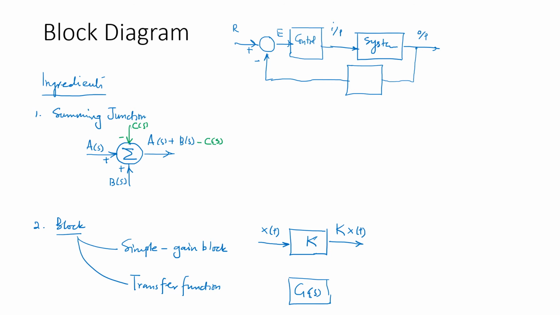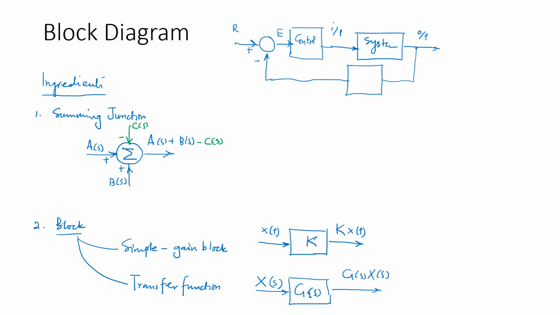So in that case, whatever is the signal given to it, if it is the input signal, and I'm using capital X because it is in the Laplace domain, that is going to be G of s, X of s as the output. But this G of s can be of complex nature as well.